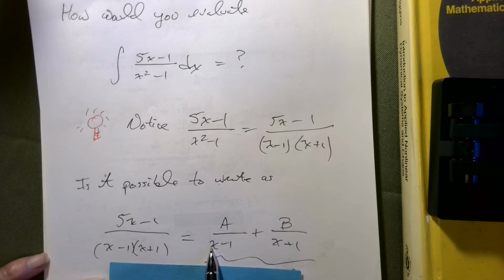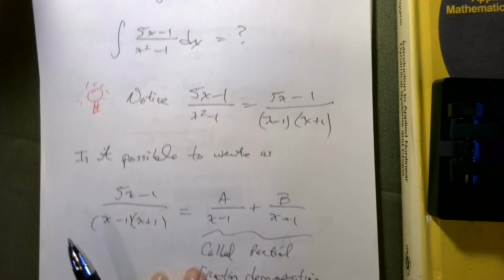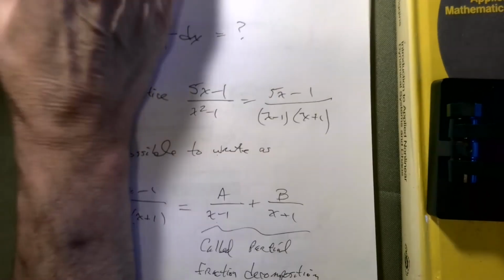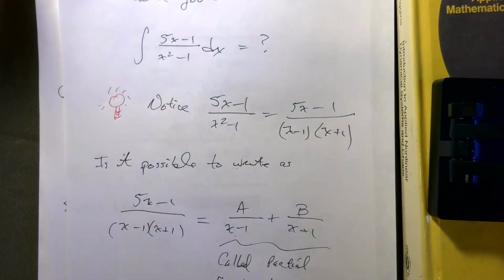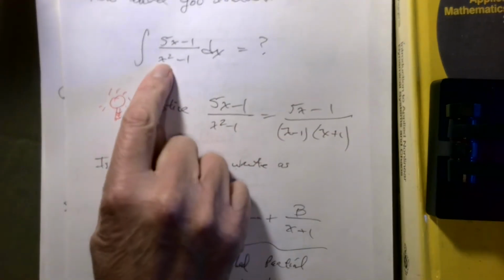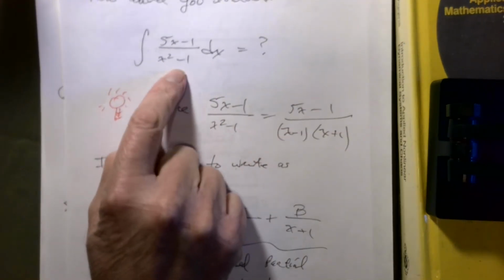Your u would be x minus 1. Here your u would be x plus 1. So in other words, we could take a product and decompose it into two partial fractions. And so the question is, can we do that? And how do we do that? And it's going to turn out that the answer to that depends on whether or not this guy has factors.